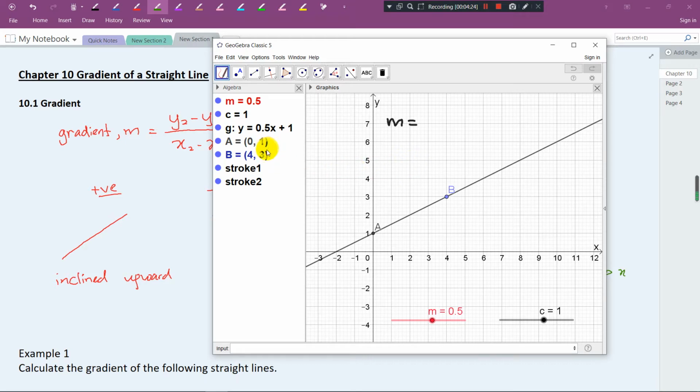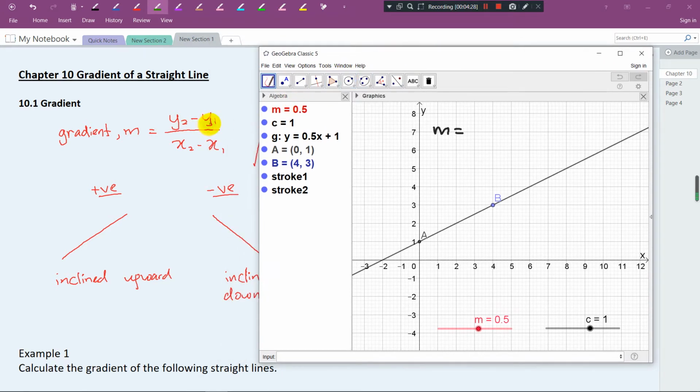According to the formula, it is y2 minus y1 over x2 minus x1. So how do I know which is y2? It's all up to you. You can take this one minus this one, or this one minus this one.